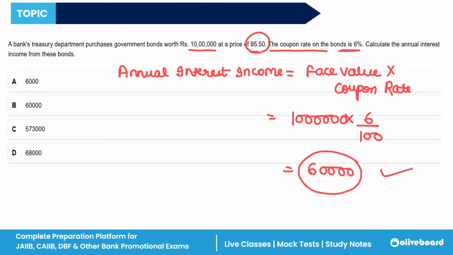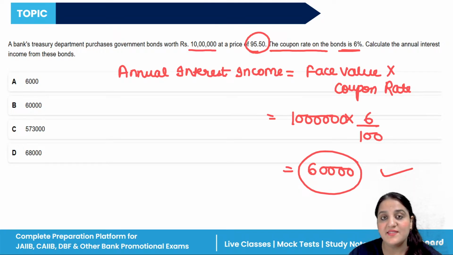So this is the answer here. 60,000 is the interest income earned from the bonds. Clear?